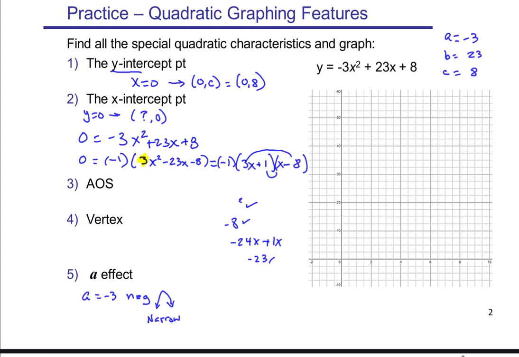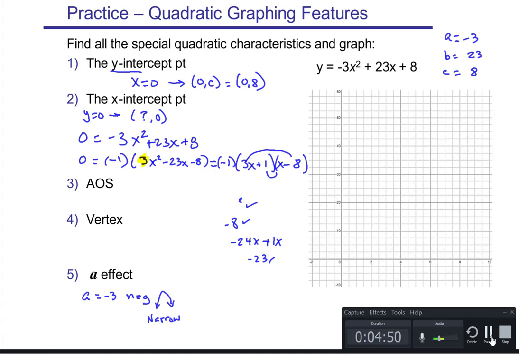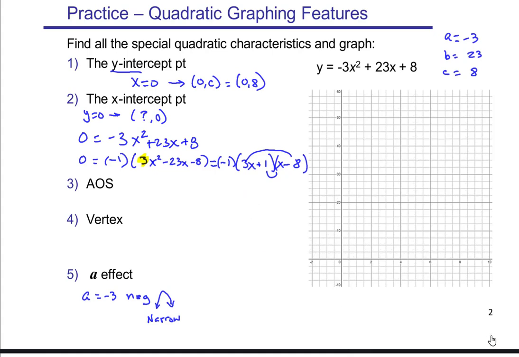And so I'm going to erase here. Okay, now remember this thing equals 0. I ran myself out of room here, but the negative 1, 3x plus 1, and the x minus 8 equals 0. Now the negative 1 is a multiplier of negative 1. Negative 1 is always negative 1.